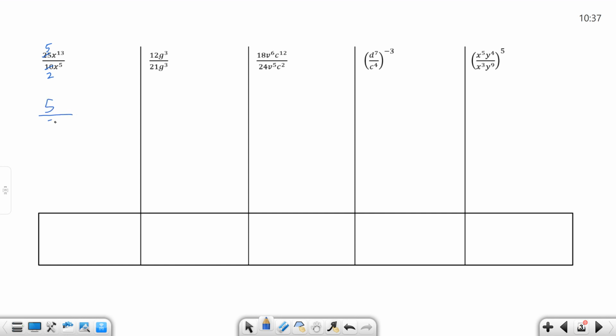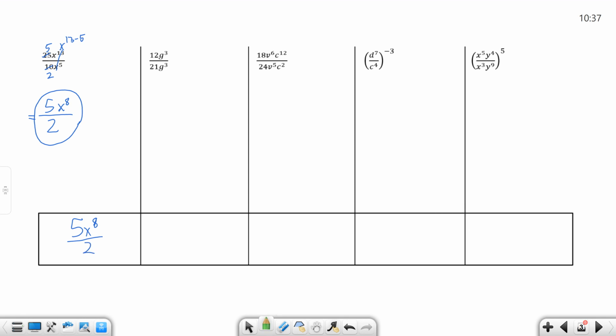So we have a fraction, 5 halves. Where are my x's left over? In the top, because 13 is bigger than 5. So I subtract the exponents. X to the 13 minus 5 is x to the 8th power. So 5x to the 8th over 2 is my final answer here.